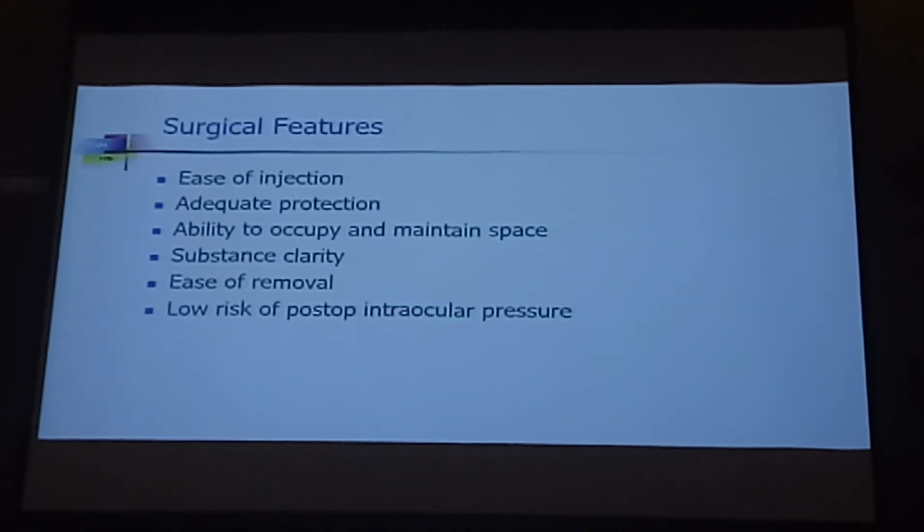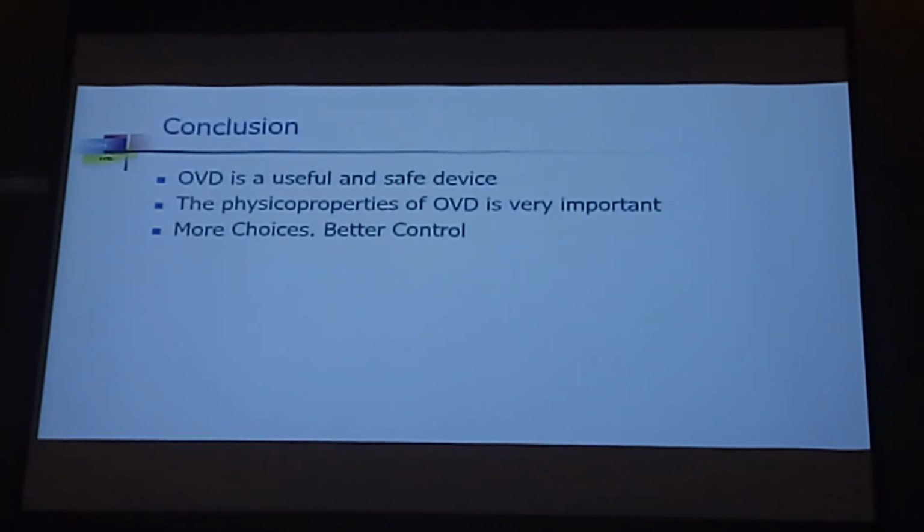So for surgery, when you look at viscoelastic, you want ease of injection. You want it to give you adequate protection. It can also do some viscodilation of the pupil. A space maintainer, preferably as clear as possible. At the end, you want it to be easy to remove, and of course, low risk of post-op intraocular pressure. It is a very useful tool.